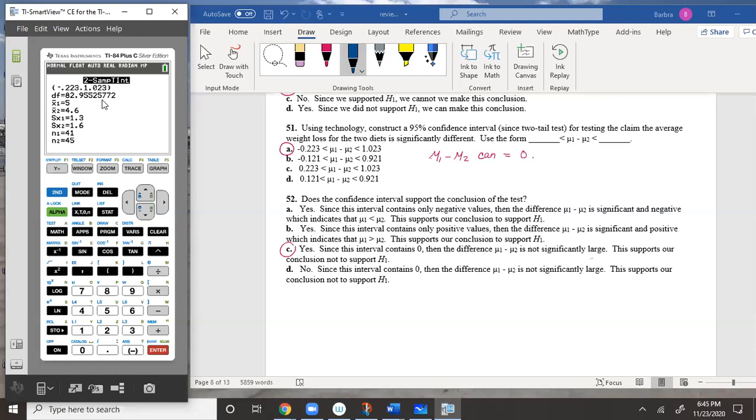Okay, I want you to see something here. It goes from negative 0.223 to 1.023, right? So the fact that you have a negative number and a positive number, can 0 be between these two numbers?